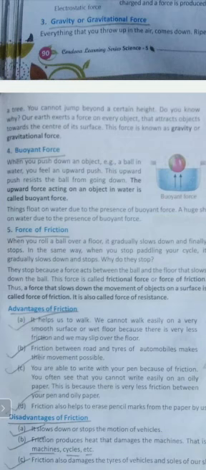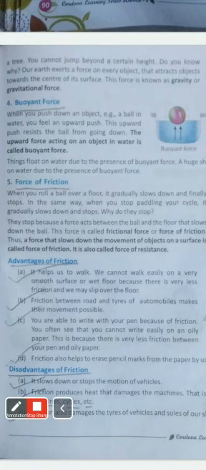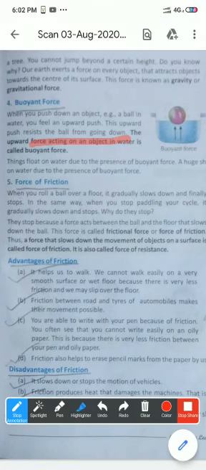Now, next type of force that we have is buoyant force. To understand this, we will take a simple example.